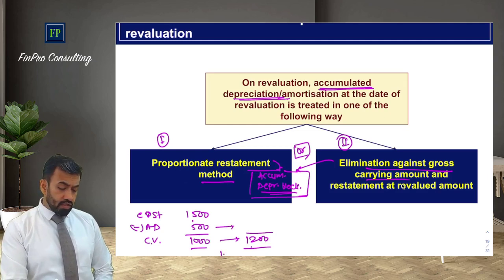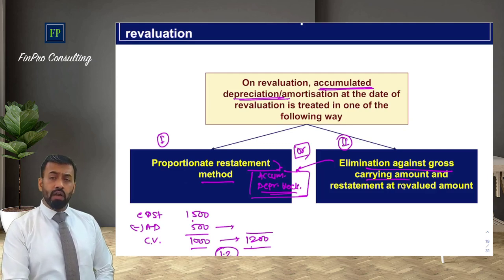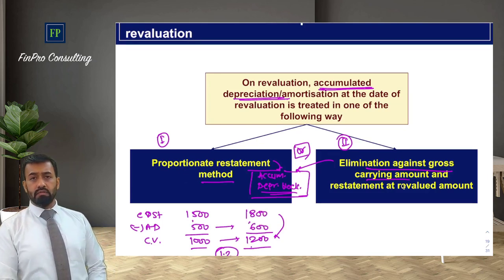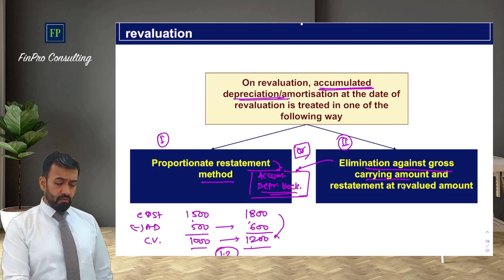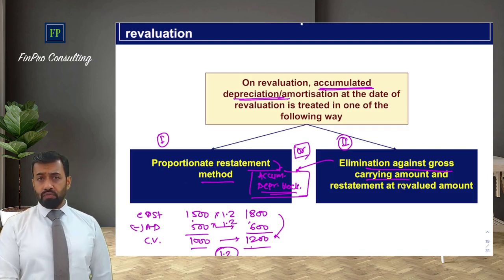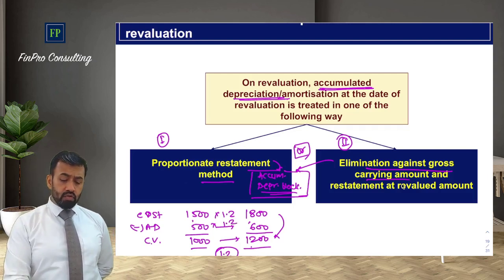So all amounts will be restated by 1.2 times. Your result will be 1200. So this would be 600 and this would be 1800. Correct? This is 1500 multiplied by 1.2, and this is multiplied by 1.2. Correct? And accordingly, this will be restated.